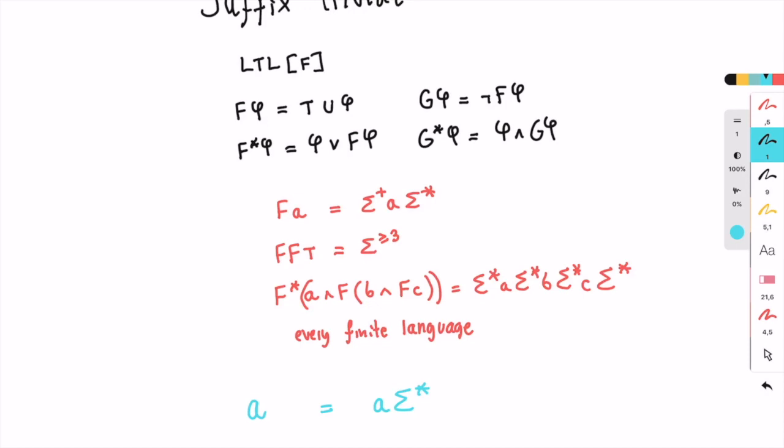The syntactic monoid of this language is not suffix trivial, nor is any recognizing monoid suffix trivial, because if you take any word that begins with A, and then you can add letters to the left and it starts to begin with B, and then you can do it again and it starts to begin with A, and so on, and therefore you can get words in any recognizing monoid that begin with A and words that begin with B in the same suffix class.